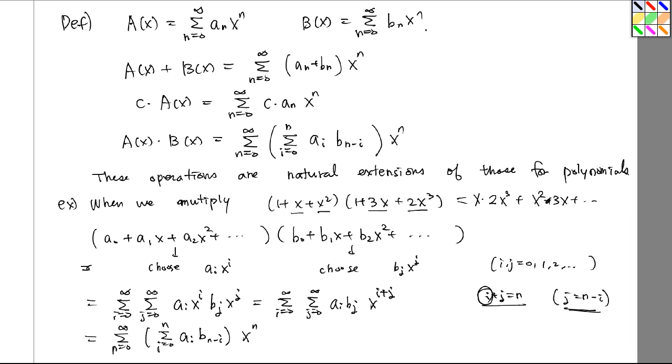In other words, in order to get x to the n, if we take a_i here, we must have chosen x to the i, and we must select the term with x to the n minus i, because we want to get x to the n. So that's how we multiply two generating functions.